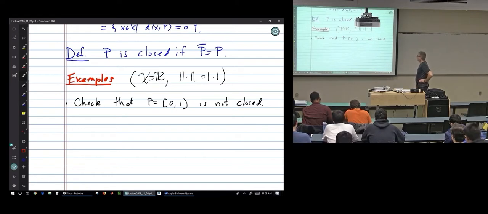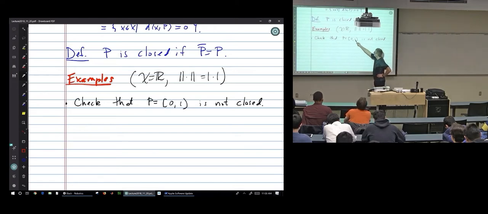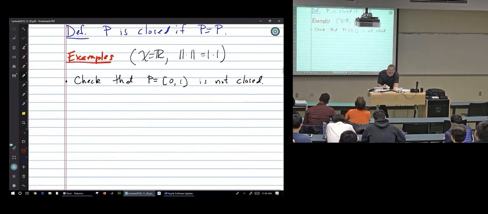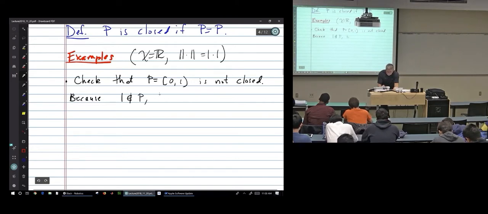Okay, so why would we suspect that that set is not closed? Well, is the point 1 in this set? No. What is the distance of the point 1 from this set? 0. Okay? You can arbitrarily approximate 1. Okay, so not closed, and that's because 1 is not an element of P, but the distance from 1 to P is equal to 0.